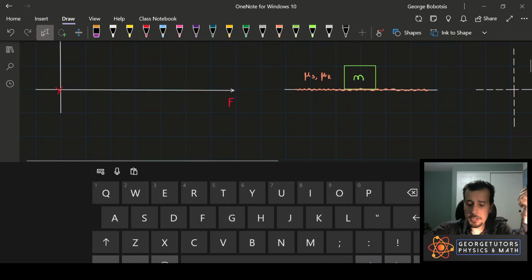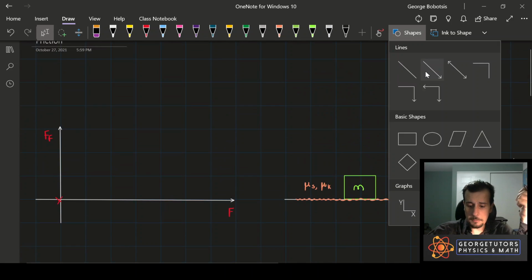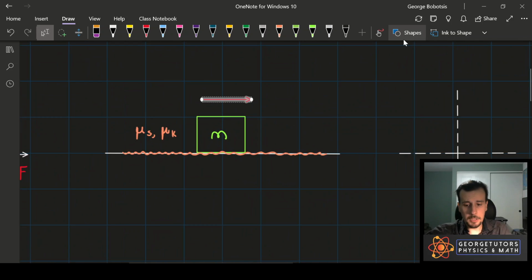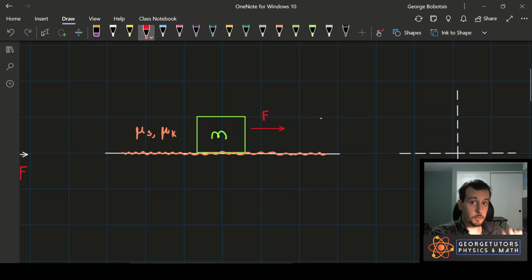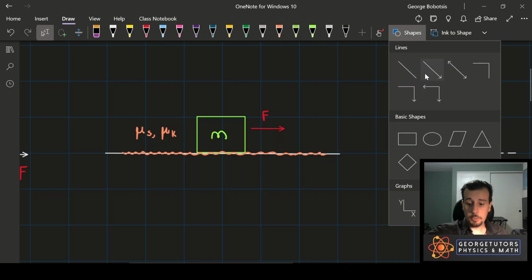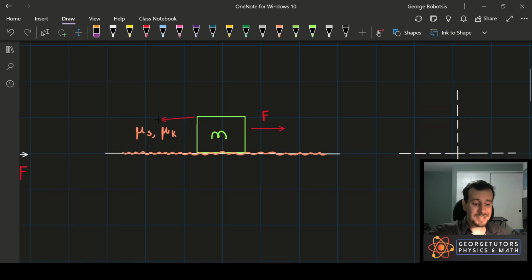But then if I exert a little bit of force, if I go ahead on my little box here and put a little bit of a force, let's say directed to the right, and someone asks you now what the frictional force is, assuming again we haven't broken the static barrier to start moving, you will tell them, yeah, there is some static friction backwards.